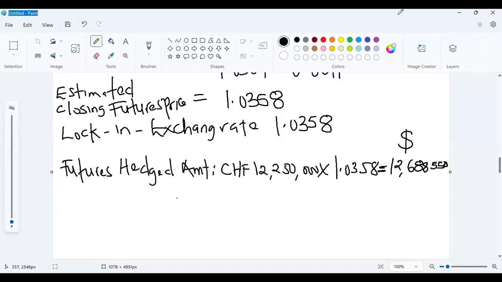But remember, we also have amounts hedged under forward contracts.